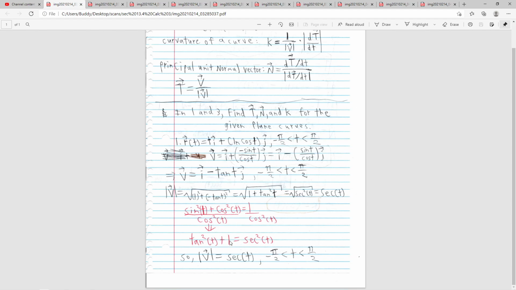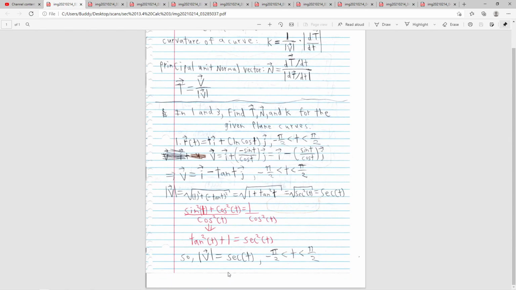So tangent squared t plus 1 is equal to 1 over cosine squared t, which is equal to secant squared t, because 1 over cosine is equivalent to secant. You could check this with multiple values on a calculator, or graph the two functions and see the equivalence. Point is that we have that relationship, and that's what we used.